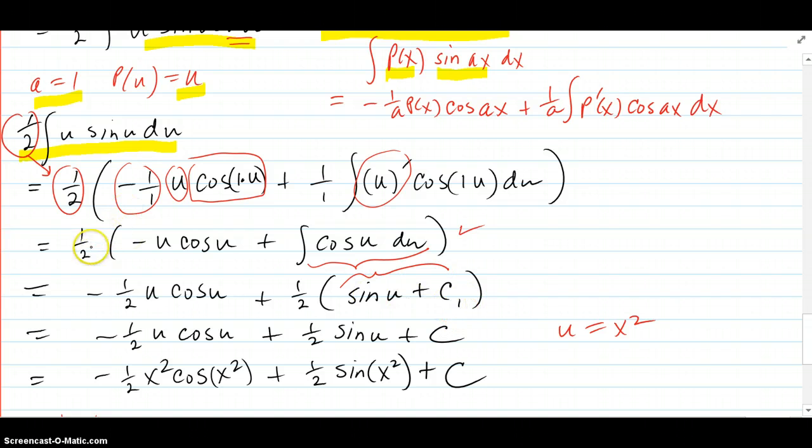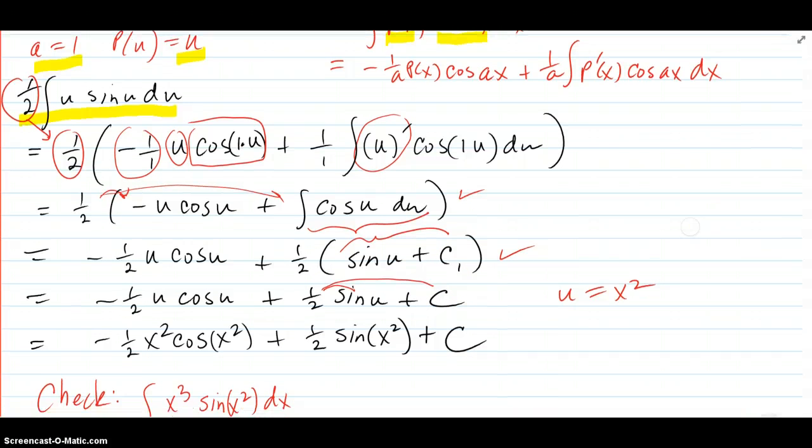Then I distributed the 1/2 on everything, and it's here now. Now we distribute the 1/2 in, 1/2 c1 becomes c. Now we remember that u was x squared, so plug that back in and you get this.